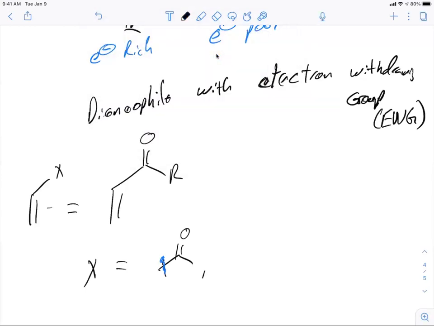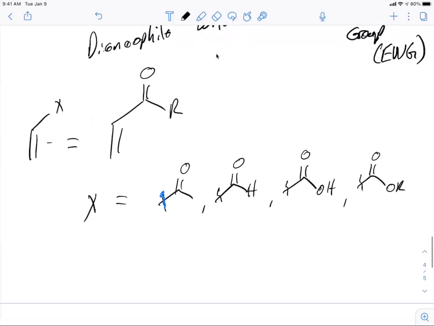We could have a ketone, an aldehyde, or a carboxylic acid derivative, which means you've got your esters, anhydrides, which you don't see very much, and the other one you would see is nitriles. So nitrile does have that pi bond system.